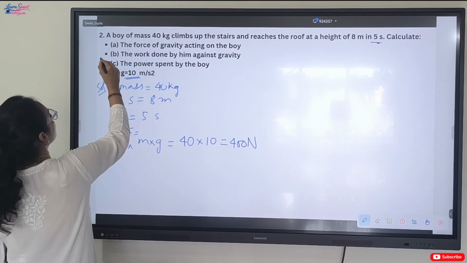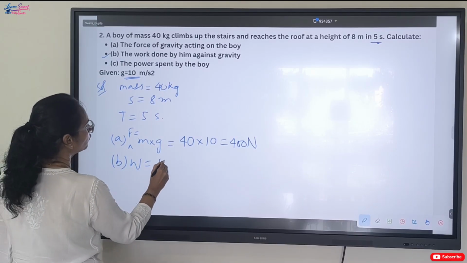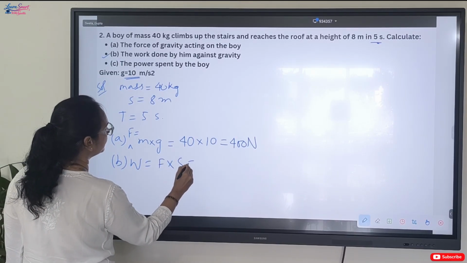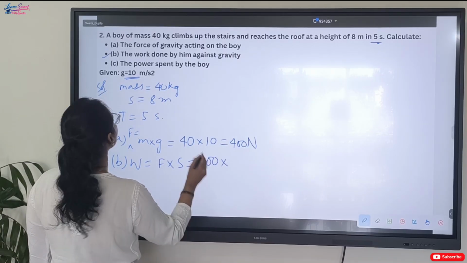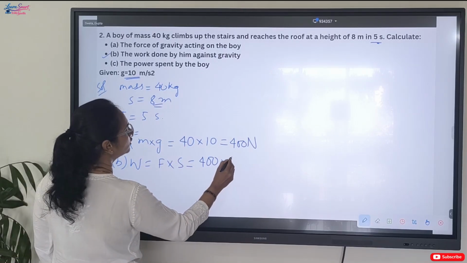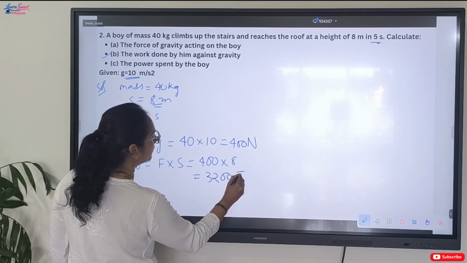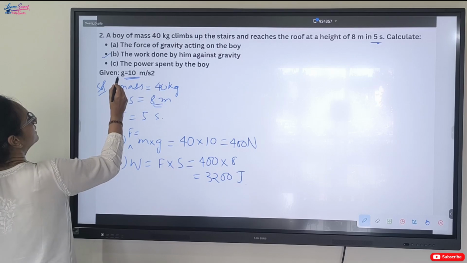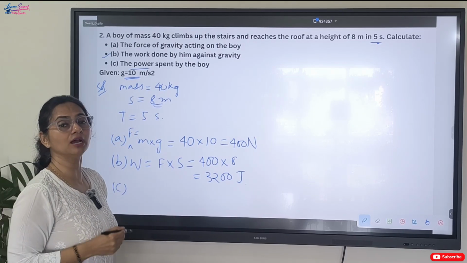Second is the work done. So work done, how do we calculate? Work done is force into displacement and force we have got 400. Displacement is how much? 8 meter they had given. So 400 into 8 and how much we will get? 3200 joules. Then power spent by the boy. Power, what is the formula?